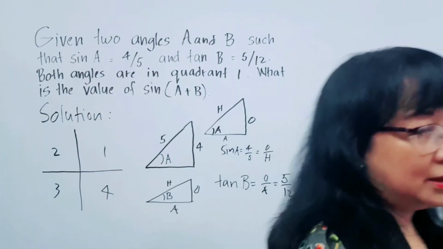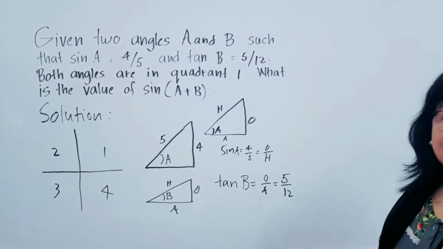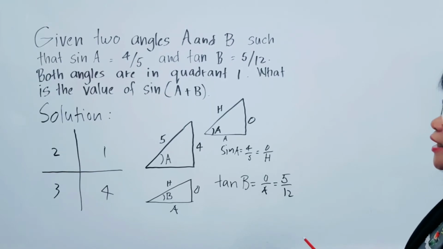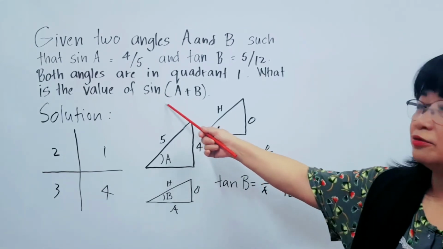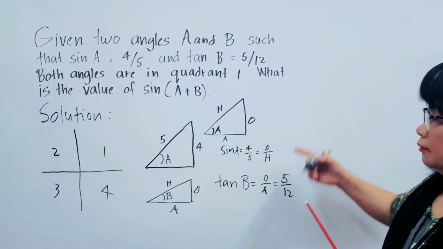Now, according to mathematics, the formula for sine A plus B, this is a trigonometric identity.